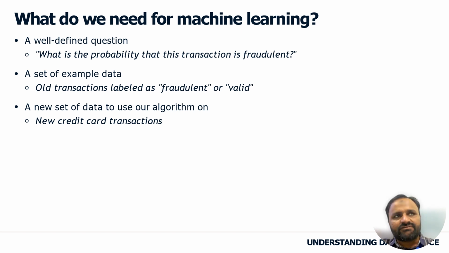We have months of old credit card transactions and associated metadata like date and location that have already been identified as either fraudulent or valid. Finally, we need additional data every time we want to make a new prediction. We need the same type of information on every new purchase so that we can label it as either fraudulent or valid.